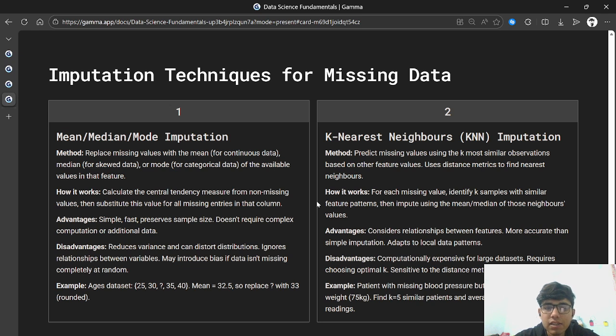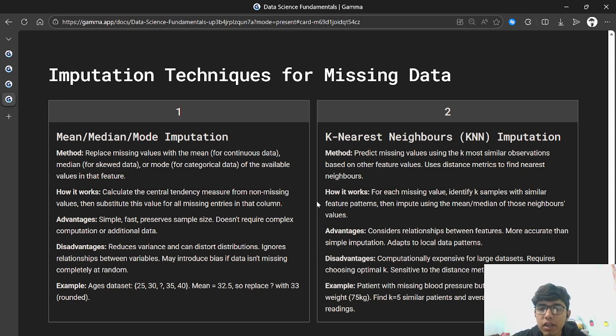The second technique is the KNN imputation technique. When a value is missing, we identify the k most similar records based on the other attributes. We can then fill the missing value using the average, median, or a majority value of these neighbors.